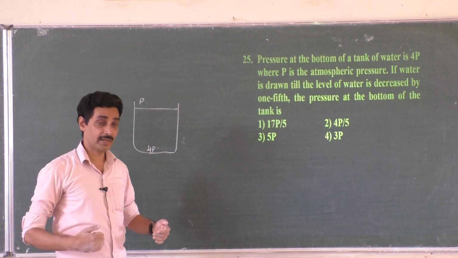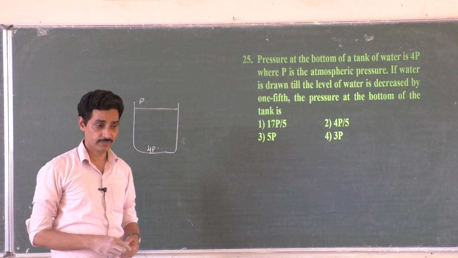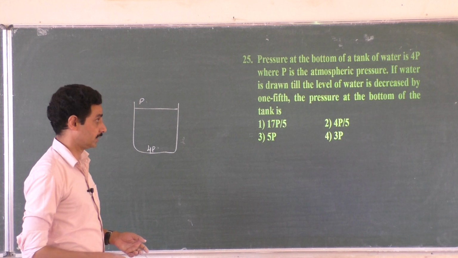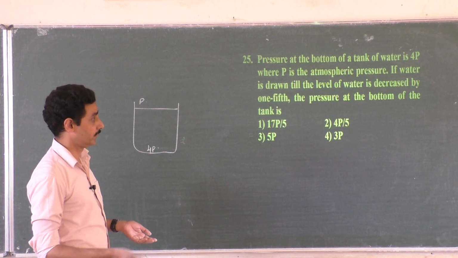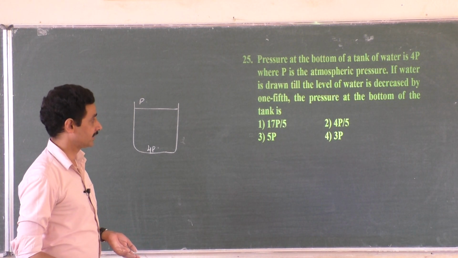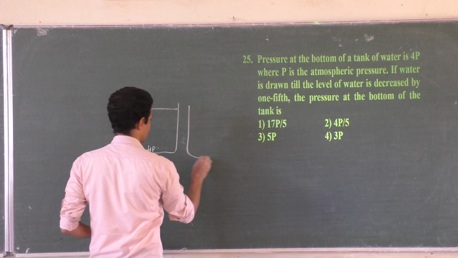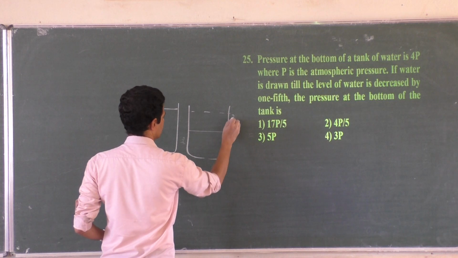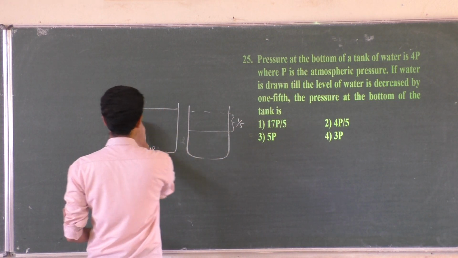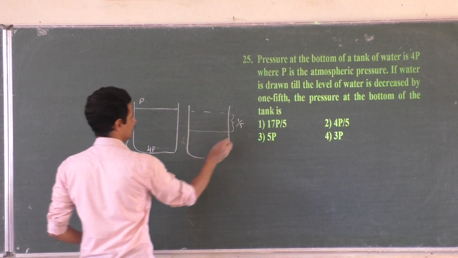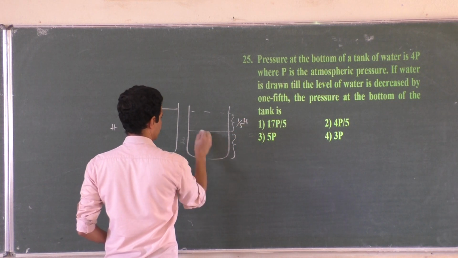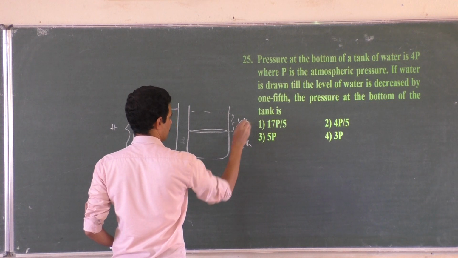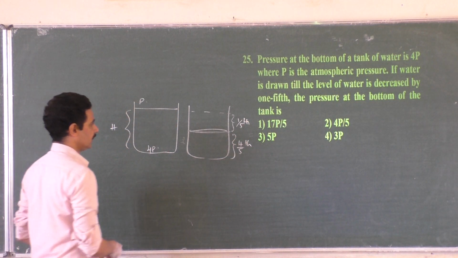It is decreased by 1/5, so what is the new level of water? It is 4/5, right? 1 minus 1/5. New value is 4/5. I will draw a new diagram. If it is decreased by 1/5 of H, then the new level of water is 4/5 of H.